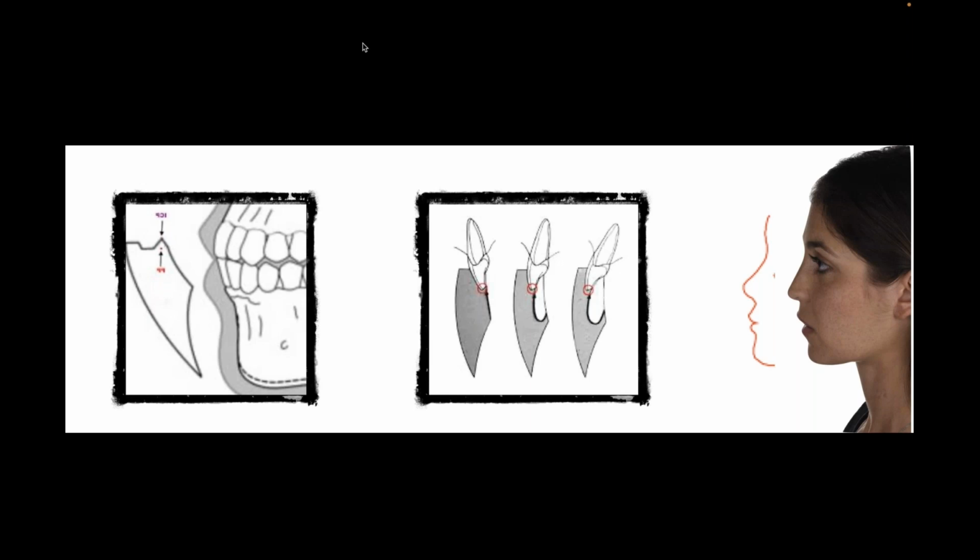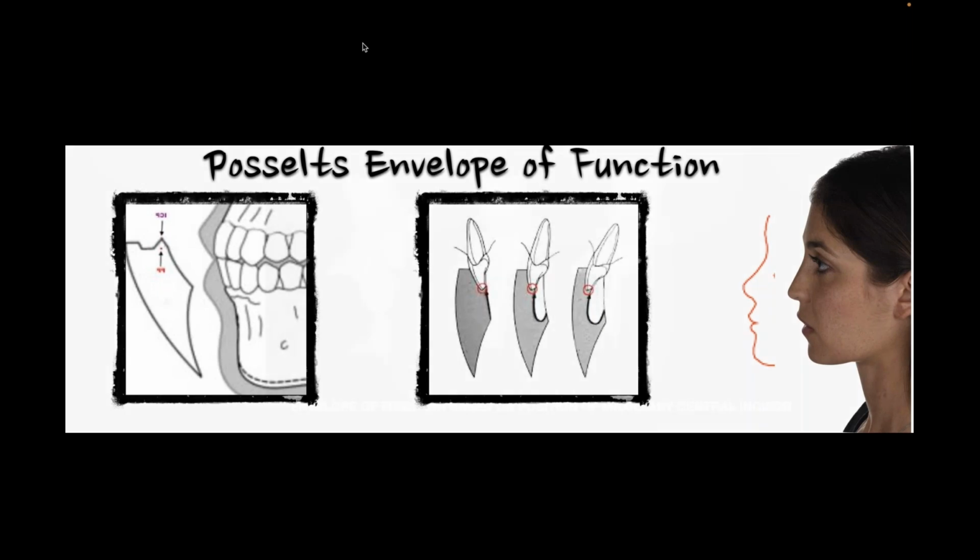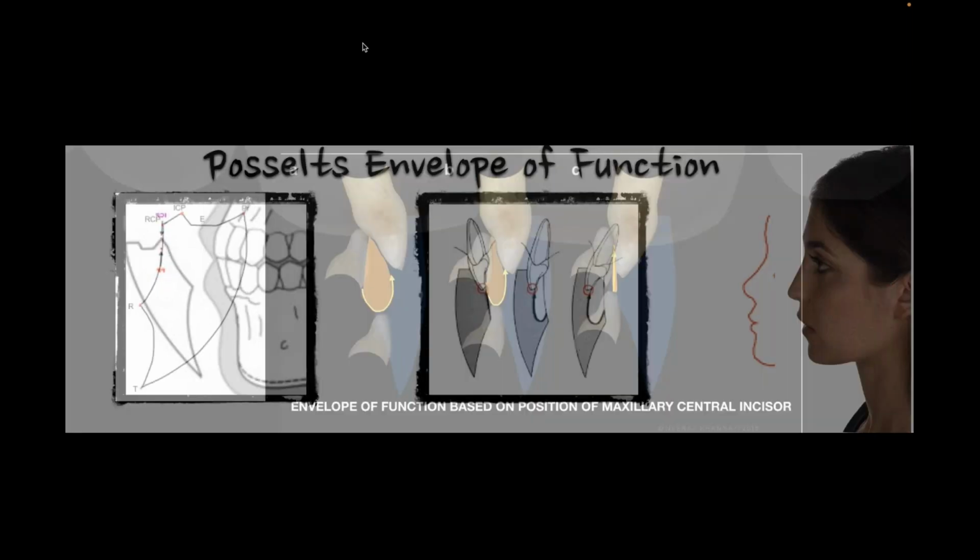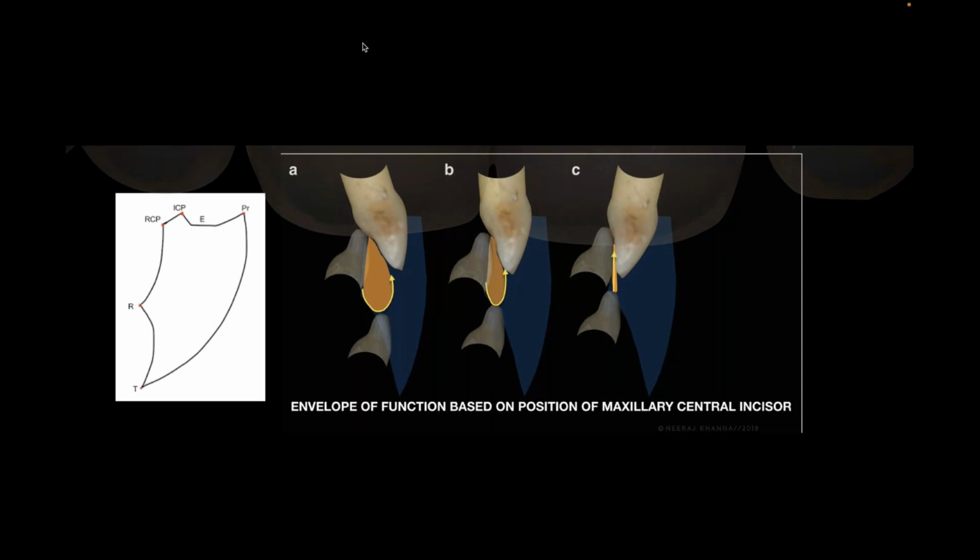But that's all I care about at this moment, as I'm developing where the incisal edge, what it's going to look like. What I'm really worrying more about is, what is the lower envelope that's not going to interfere with my incisal edge position. So that's what we call the envelope of function. And that changes from bite to bite, class 1, class 2, and class 3. I'm sorry, my voice sounds so rough today.